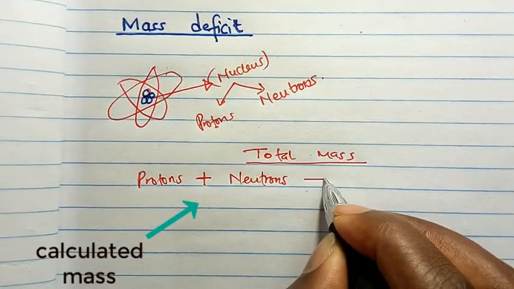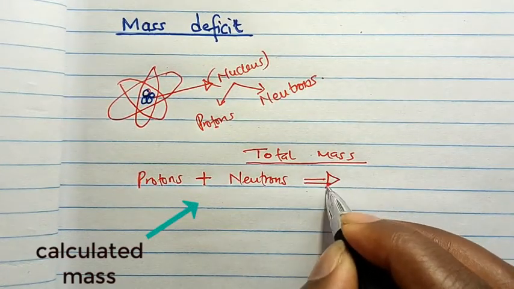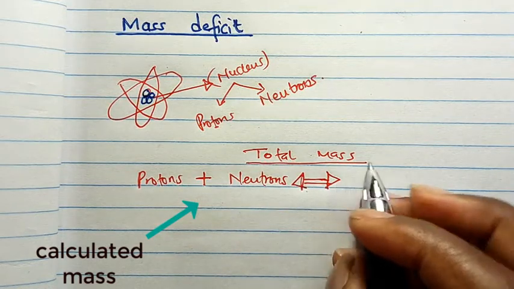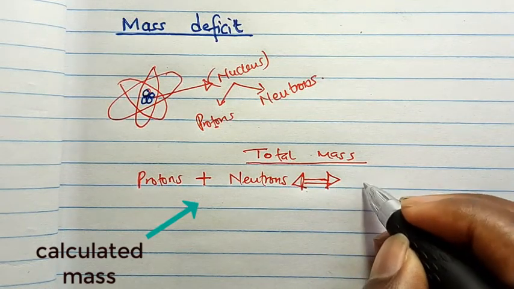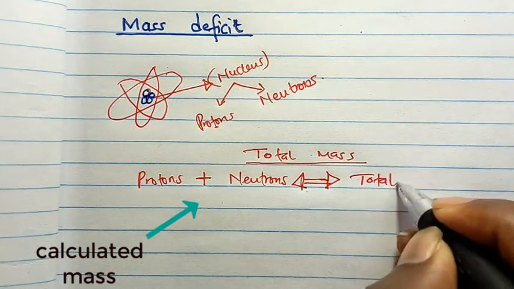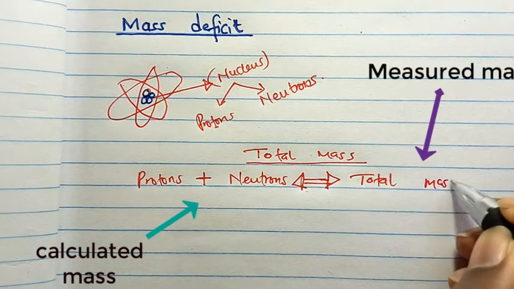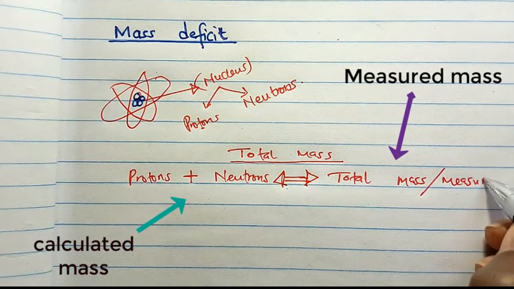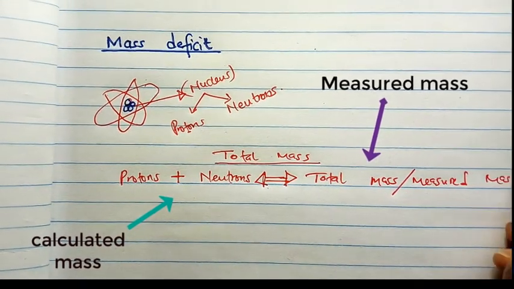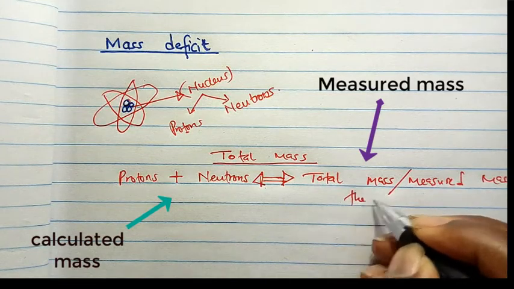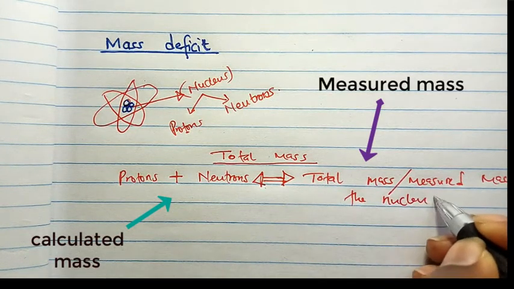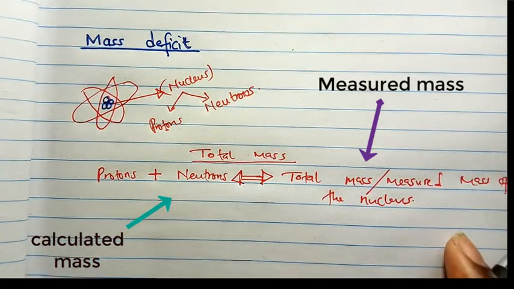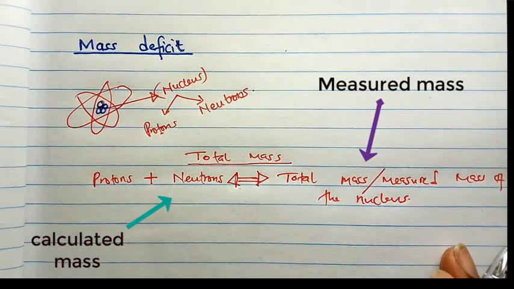Now suppose we measure this directly, we expect that it will be equal to the total measured mass of the nucleus. However, this is not always the case.